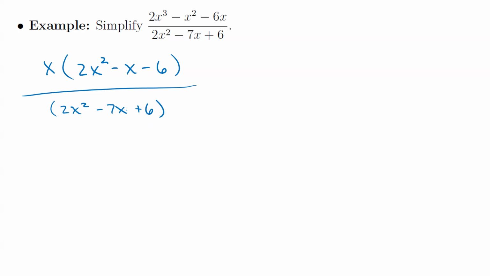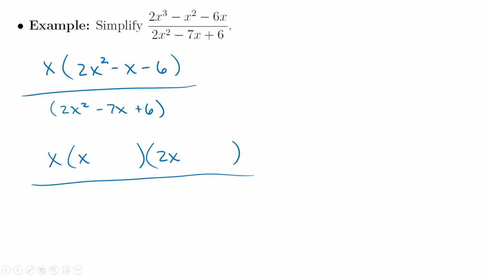So don't hesitate to go back to your AC method if you'd like, or guess and check. Either one of those is fine. Because I have a 2x squared, and it breaks down as x and 2x if it does in fact factor, I'm going to go ahead and pencil those in and then do a little bit of guess and check.